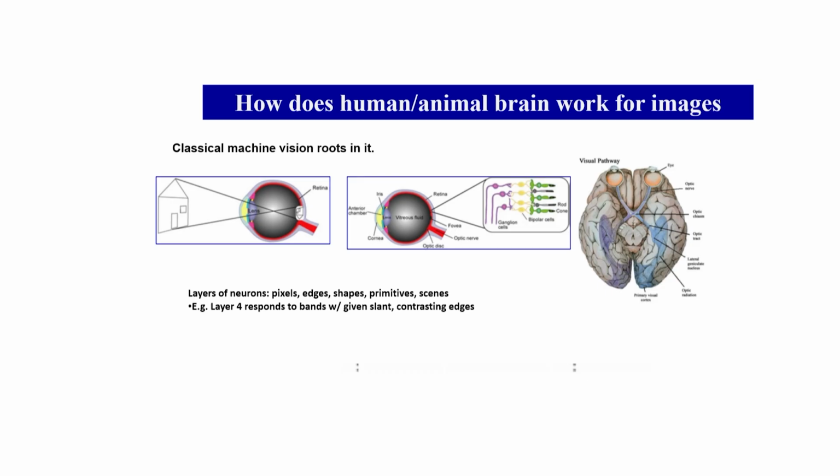So, the question is, can you basically mimic that? You can see here in the optic nerve you have ganglion and bipolar cells that sense the image. So, we can think of creating such structures using neurons. We can have pixels, edges, shapes, primitives or even scenes like in videos, and we can build that. Layers correspond to bands with respect to the slants, contrast edges, you can create that.